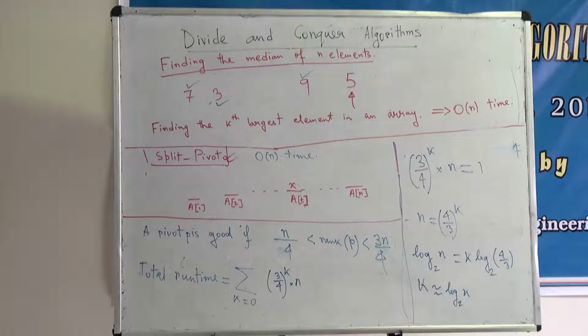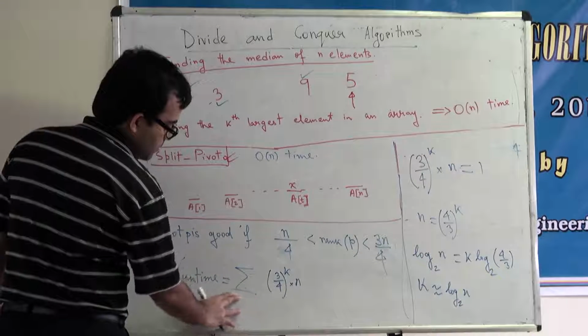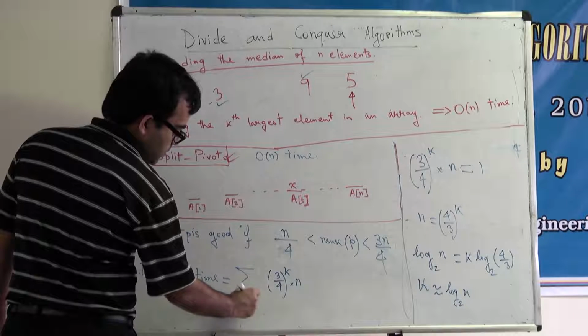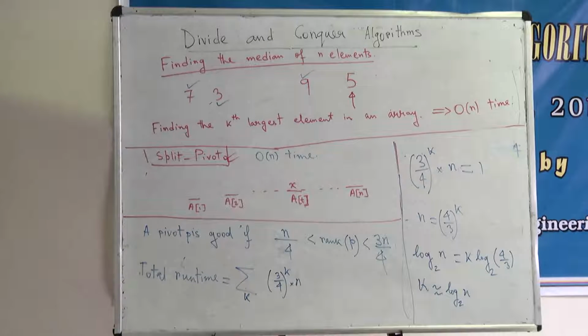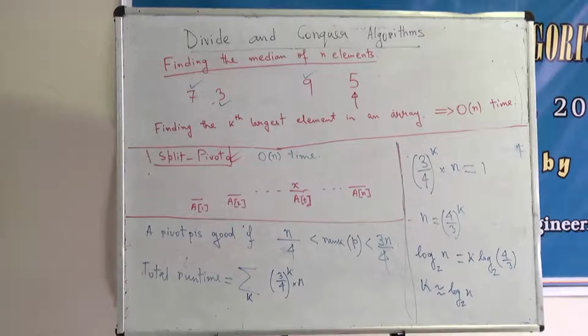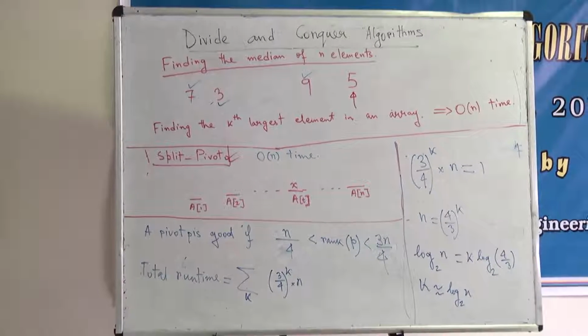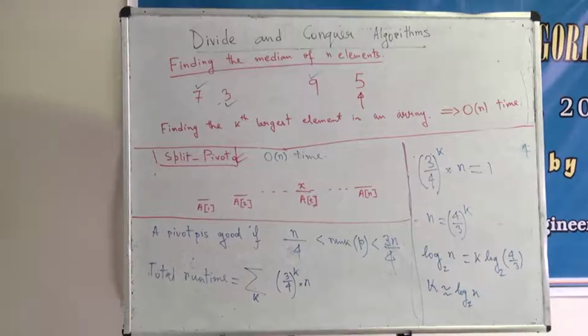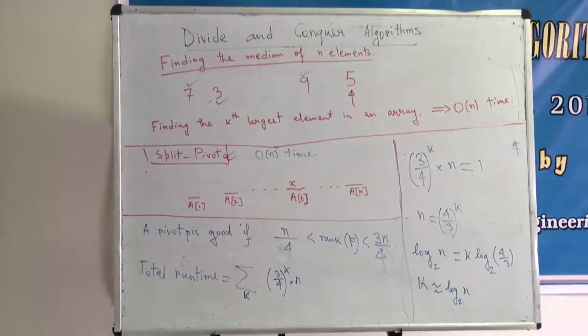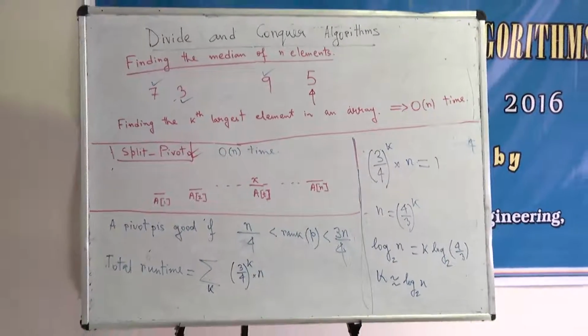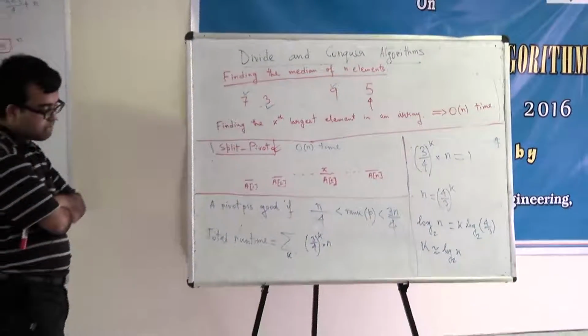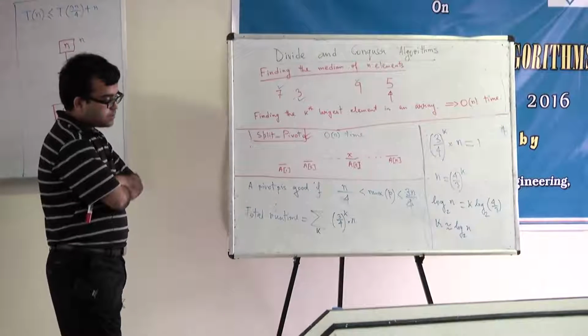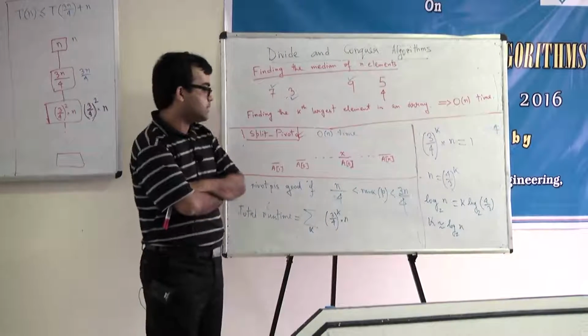Now what is this sum? Can anyone tell me? So this is just a decreasing geometric series, right?